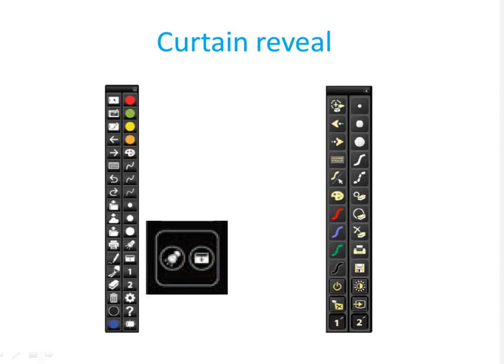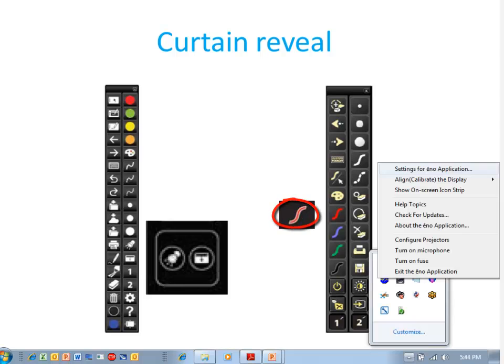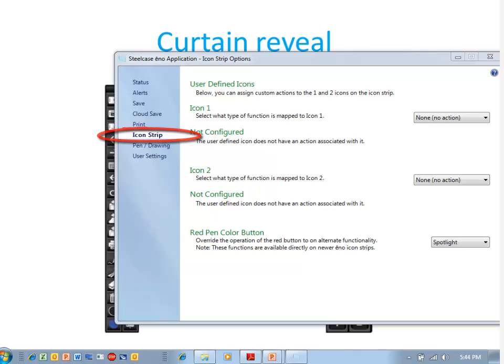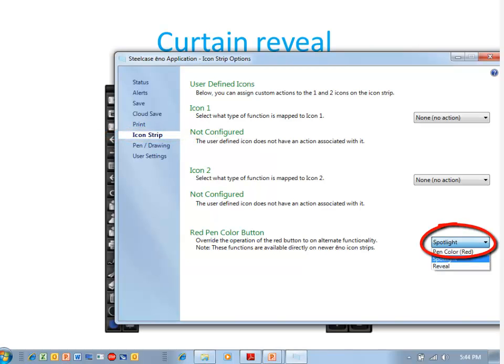To activate the Curtain Reveal on the older version of the Eno magnetic strip, you'll need to customize the Eno driver so that the red pen activates Curtain Reveal. I'll show you how to do that now. Within the settings for the Eno application, you'll need to select Icon Strip. Underneath red pen color button, using the drop-down arrow, you'll want to select Reveal.